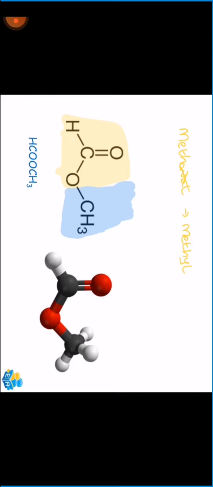And I can clearly see that the carboxylic acid was methanoic acid, and I know that because there is one carbon in the carbon chain. So we get rid of the oic acid and we add oate on the end. So that means that this structure here is methyl methanoate.